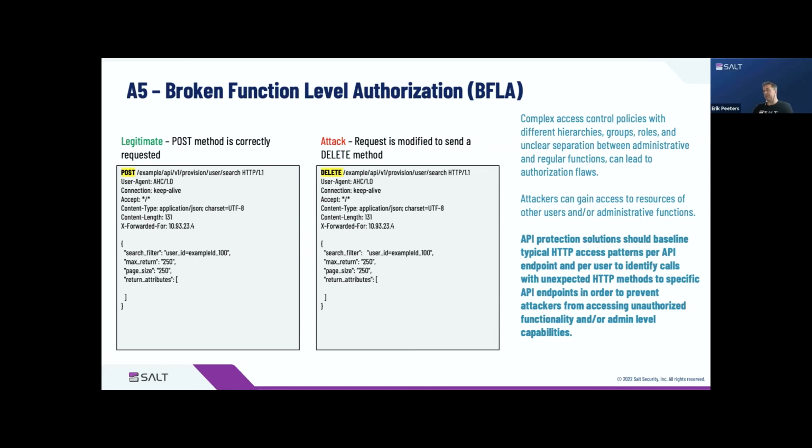So an API protection solution should baseline the typical HTTP access patterns. It should look at how different user types behave, what the different profiles of users are, and start recognizing that so that it can act on anomalies, where they suddenly see a delete coming from a regular user that is not supposed to do it.